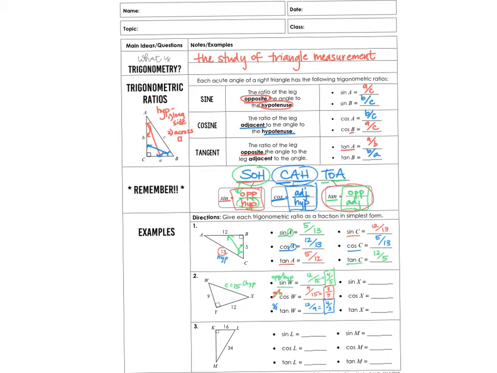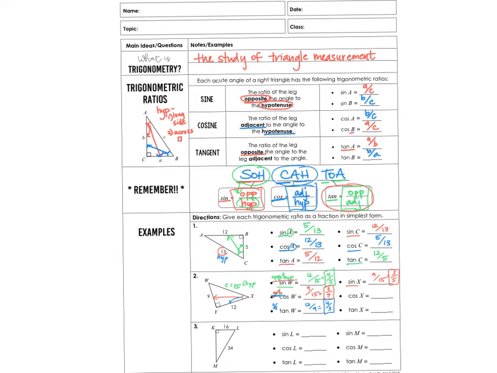So let's look at X. Okay, angle X, the sine of X, we're looking at X here. Sine, again, is opposite over hypotenuse. So opposite is 9, hypotenuse is 15. That will simplify by 3. You get 3/5. The cosine is adjacent over hypotenuse.